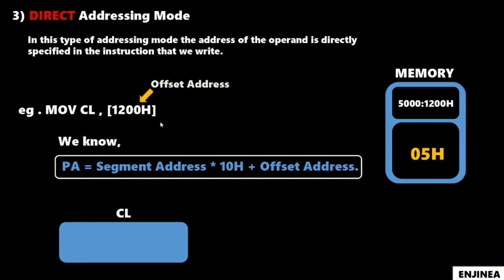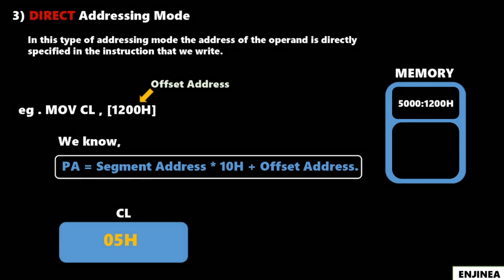By this offset address we can access any element in that memory location directly through our instruction, and thus we can store that value in our destination, which is CL in this case. So the keyword here is direct, because we are directly specifying the address of the operand in our instruction.